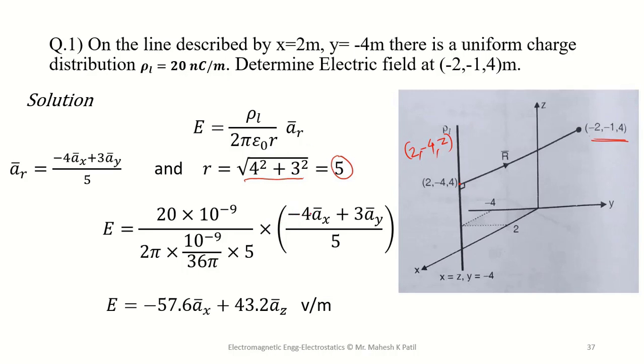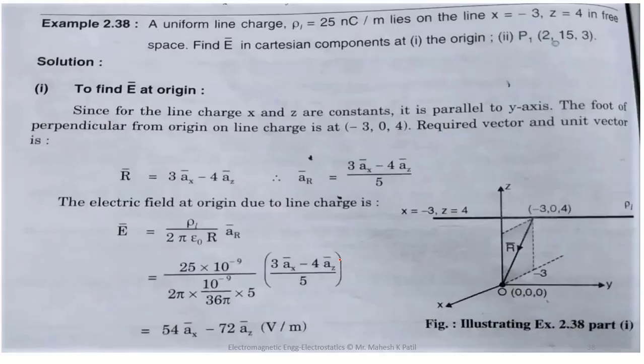Now AR bar is minus 4 AX bar plus 3 AY bar upon 5. If you simplify this, you will get the final answer as minus 57.6 AX bar plus 43.2 AZ bar volt per meter or Newton per coulomb. So this is the electric field intensity due to line charge.